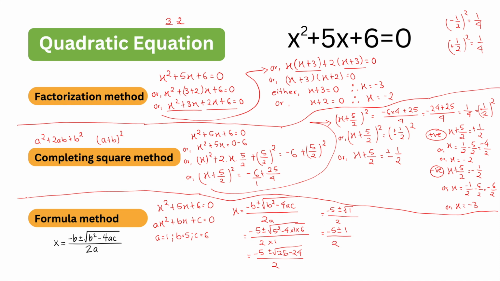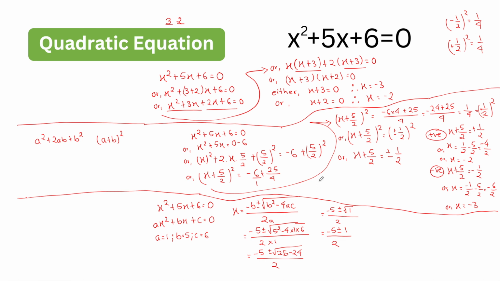Let me just save this so that I can write smoothly. So let me just take positive on the first part. So x is equal to minus 5 plus 1 upon 2, that is minus 4 upon 2, that is equal to minus 2, and taking negative we get x is equal to minus 5 minus 1 upon 2, that is minus 6 upon 2, that is minus 3.